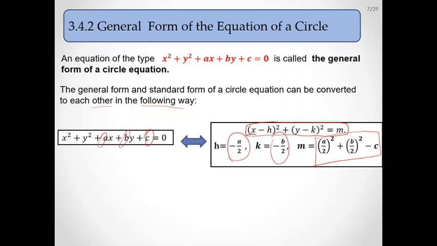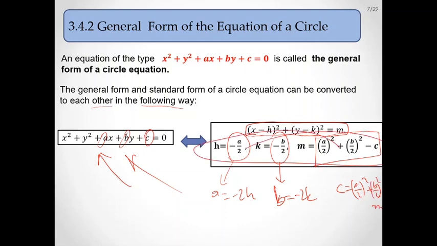Or if these are given to you, you can say a is minus 2h, b is minus 2k, and c is equal to h squared plus k squared minus m. You can convert by using this.